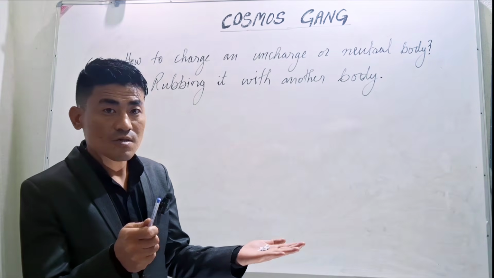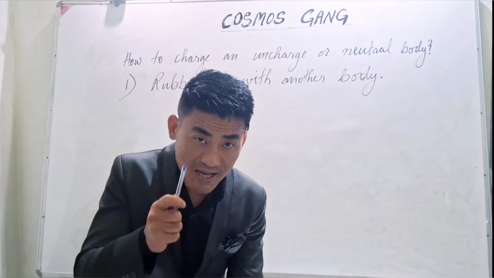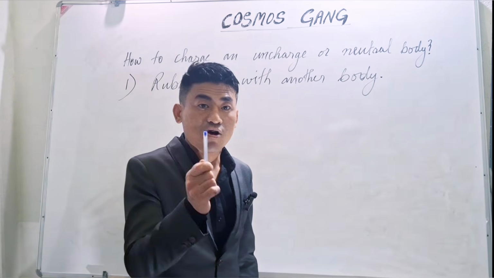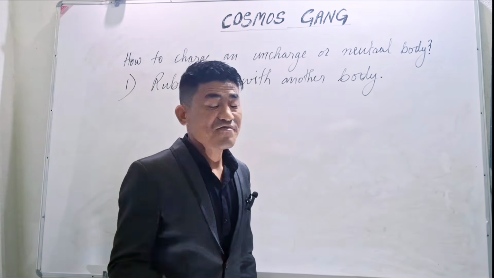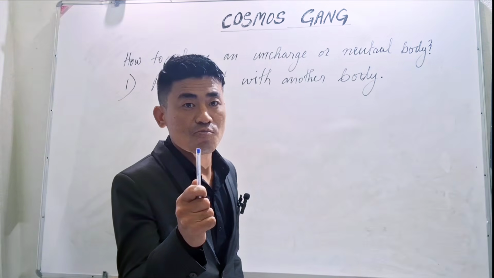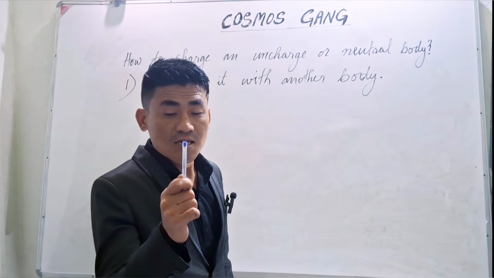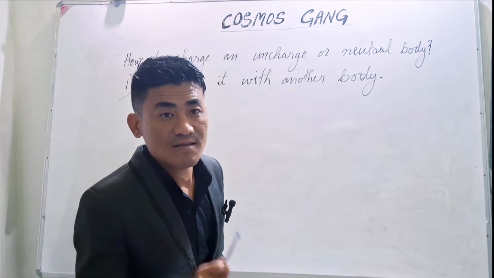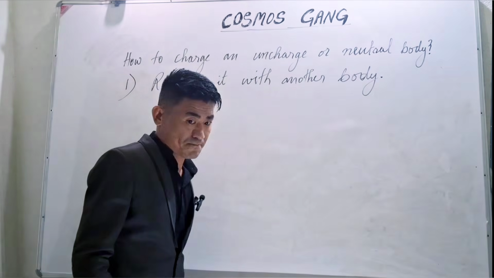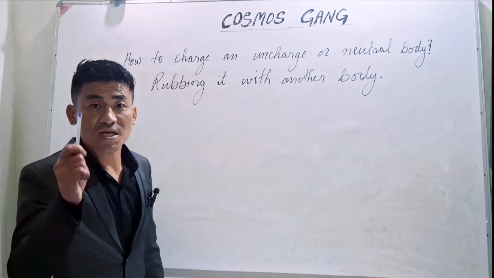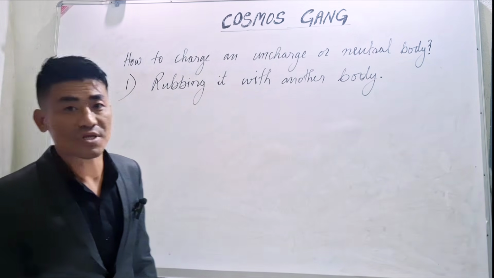It is because after rubbing the pen with my hair, this pen gets charged. So after rubbing it with some other body, the neutral body, in our case the pen, is being charged. So by rubbing it with another body, we can charge an uncharged body.